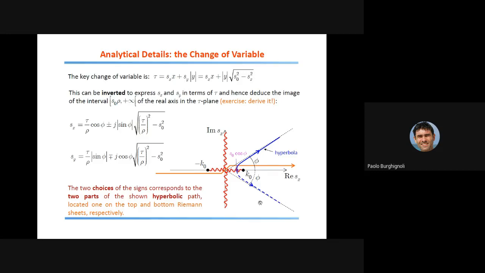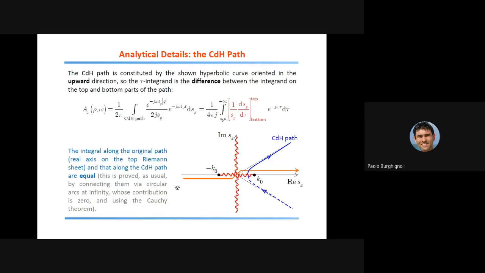Okay? So what we will do in the Sx plane is that we will change the integration path from the original orange one, which is equivalent to the real axis, to this blue path, which is by definition the Cagniard-de Hoop path, which, note now, is oriented upwards, so that it is equivalent to the real axis.